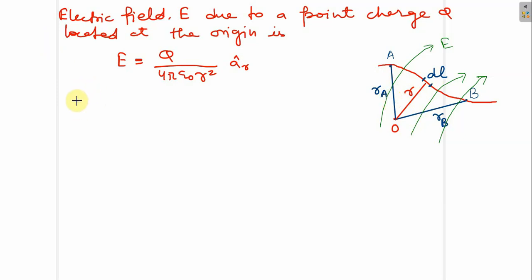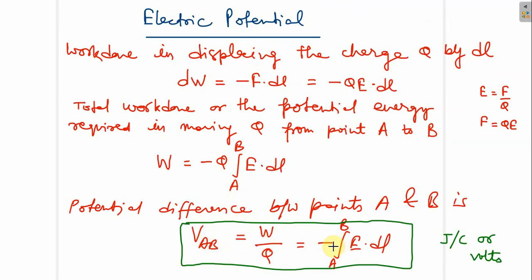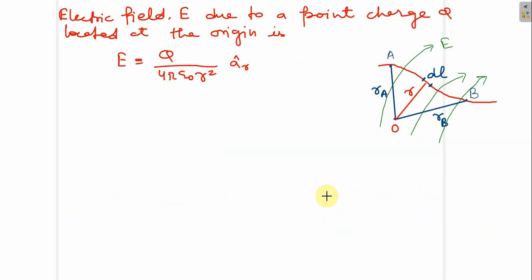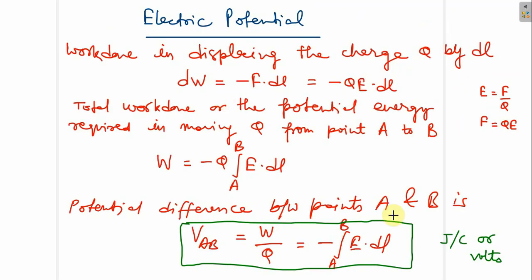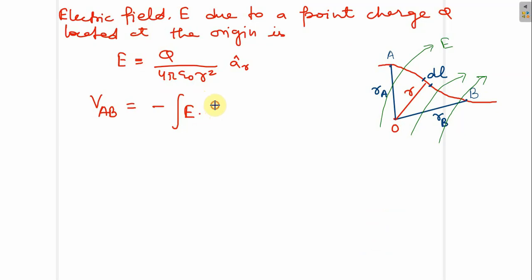So what is VAB? We have seen earlier that VAB is equal to the negative of the integral of E dot dL from A to B. From A to B we have this vector, so we put the limits RA to RB, the limits of integration.